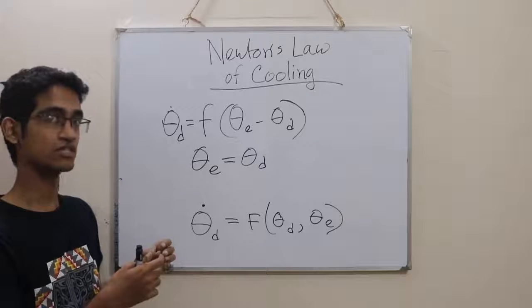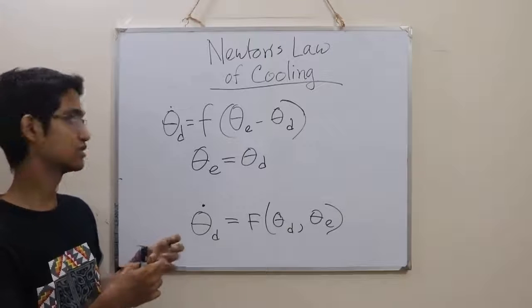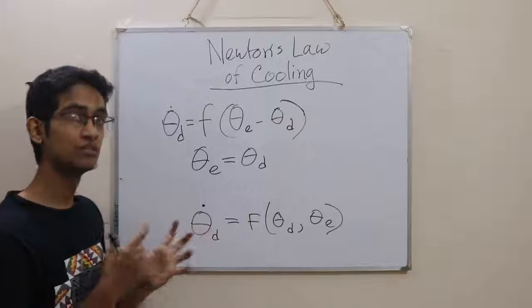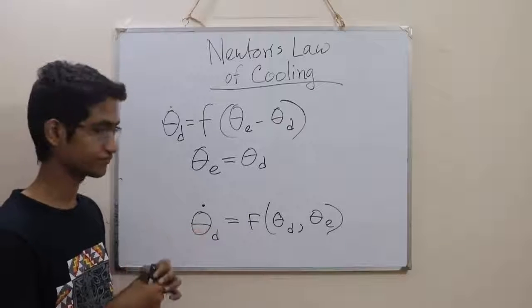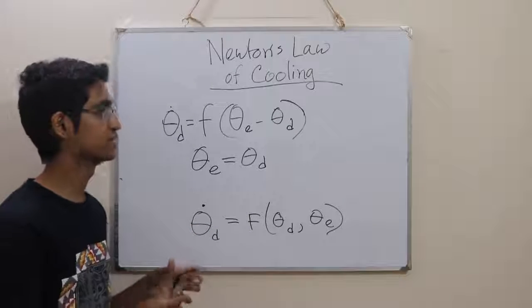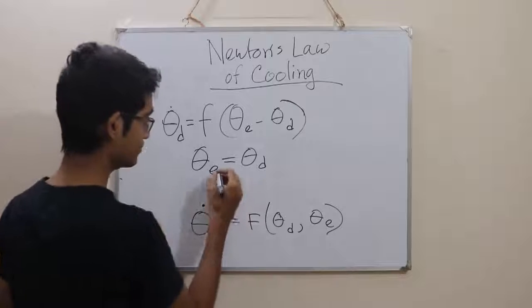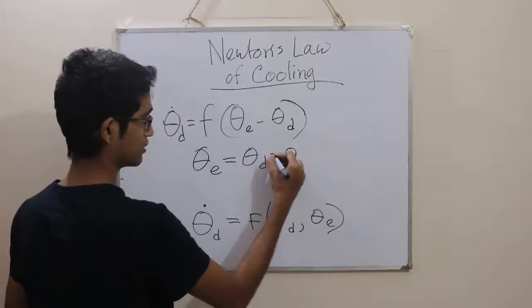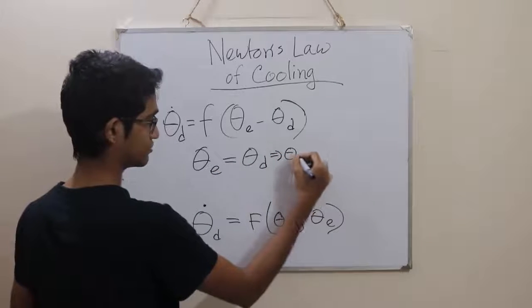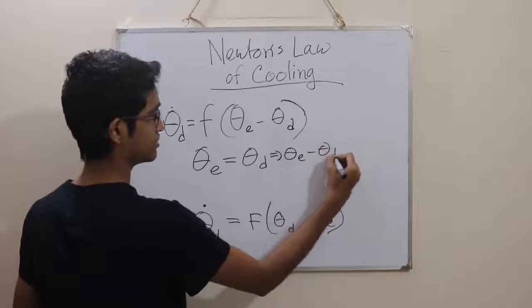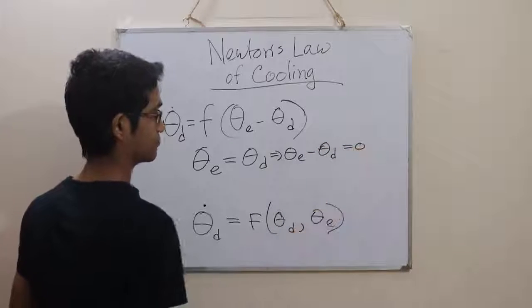As theta D won't change, the differentiation of theta D will be 0. So we can expect that if these two are equal, then theta E minus theta D is equal to 0.